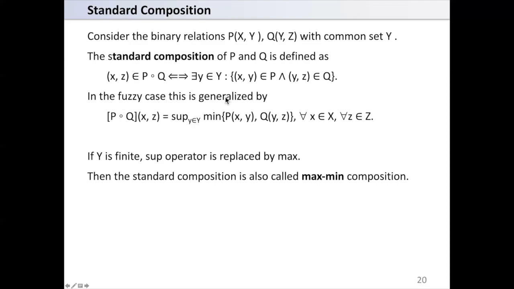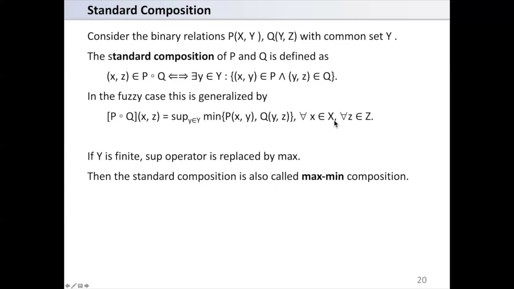In the fuzzy case, this is generalized as follows. In the standard composition of the fuzzy relations, a point xz is assigned a value such that for any point y in the reference set Y, we consider the pair of the relation value P at xy and the relation value Q at yz, take the minimum of them, and then among all these y values, choose the supremum of them.